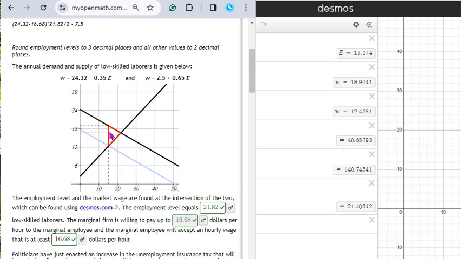So if you draw a dashed line to the equilibrium, this lower triangle is the loss in surplus that was accruing to the native workers. The upper triangle here would be the loss in employer surplus, firm surplus, that results from the high-cost small firms exiting this labor market, right?